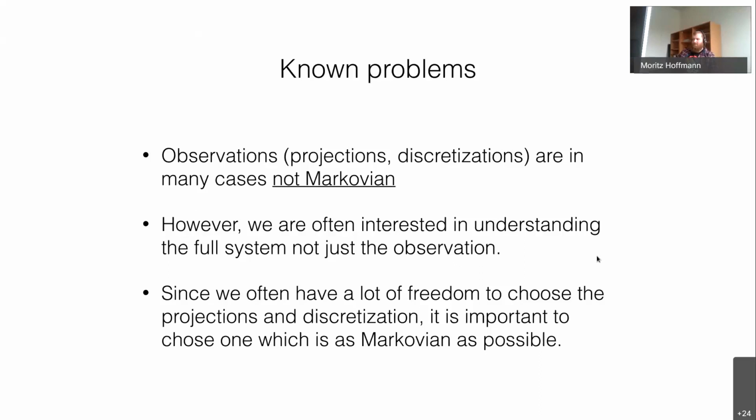Let's say we observe the energy of a system. This doesn't really tell us that much about the configurations in it. There's a lot of freedom in the projections and discretizations that we choose, so we have some freedom to make improvements to make it as Markovian as possible. And this is also something that can be evaluated rigorously, and that will be done later.